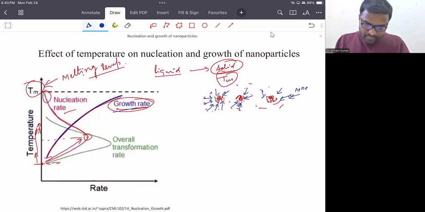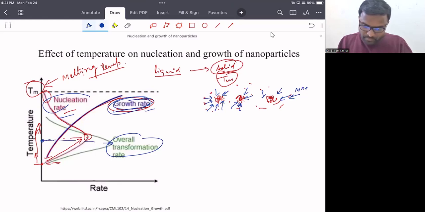So this one is the nucleation process, and this is the growth process, and based on the increase in temperature, we can increase the growth rate of the nanomaterials synthesis process. And if we combine the growth phase and the nucleation process, then we will have the overall transformation rate. And this transformation rate has the maximum rate at that particular temperature.